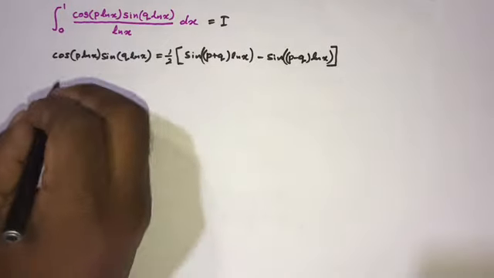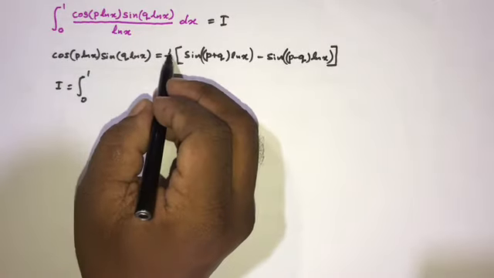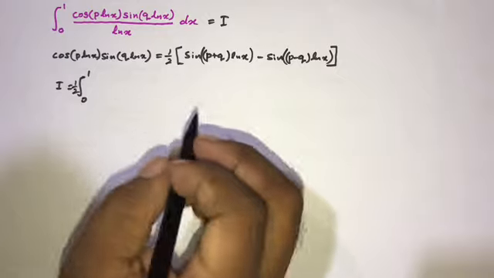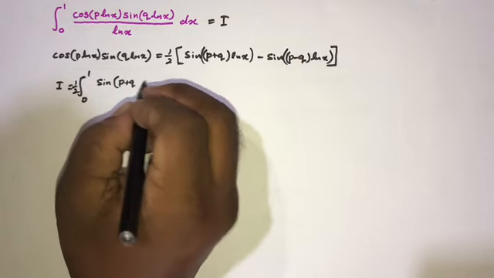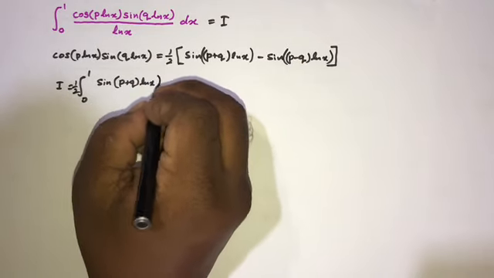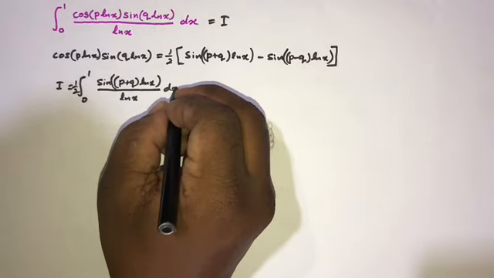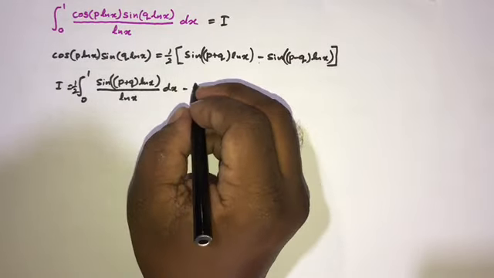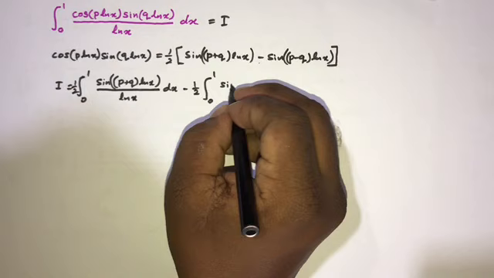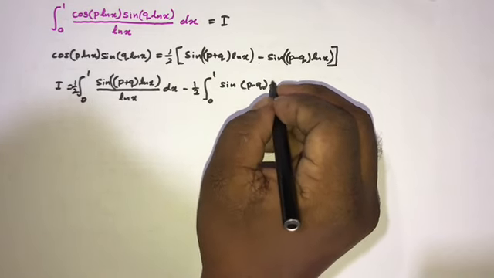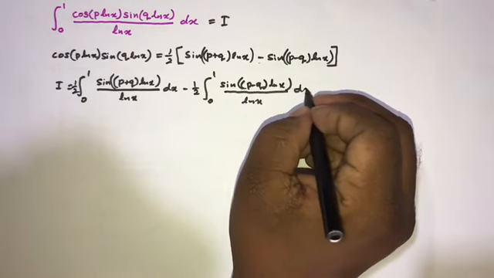We can write I is equal to 1/2 integral from 0 to 1 of sine of (p plus q) times natural log of x over natural log of x dx, then minus again 1/2 integral from 0 to 1 of sine of (p minus q) times natural log of x over natural log of x dx.